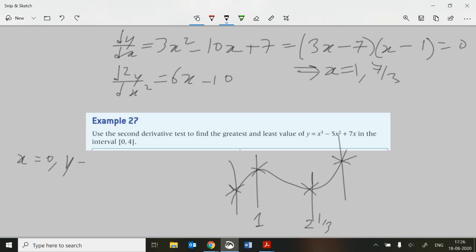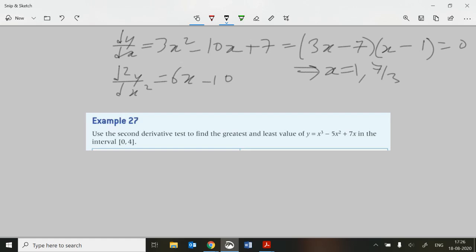Let me just get rid of this function here because it's going to be in our way later on. So we've got the coordinate point 0, 0 at the start, and we've also got the coordinate point 4, comma, we need to put 4 into this as well. So we've got 64, take away 5 lots of 16, which is 80, and then plus 7 lots of 4, so plus 28 there.